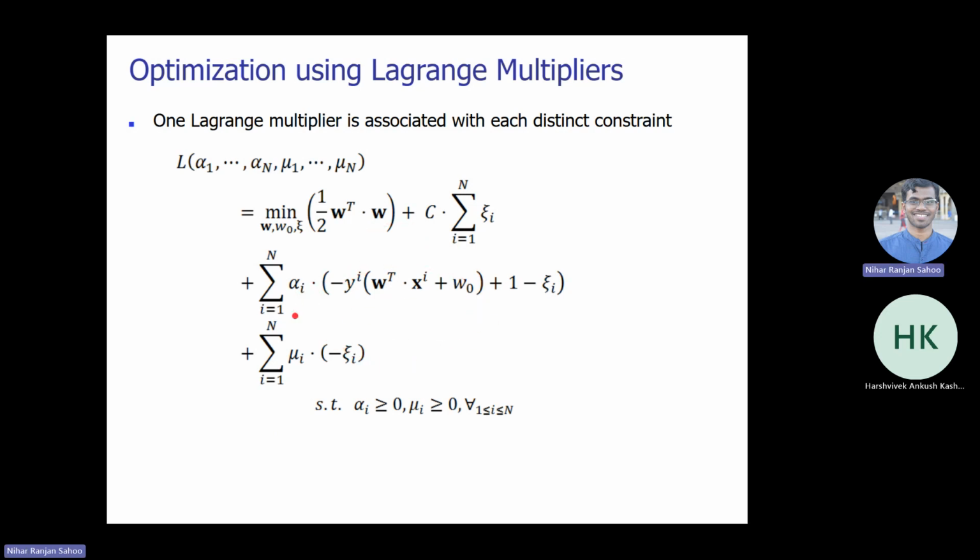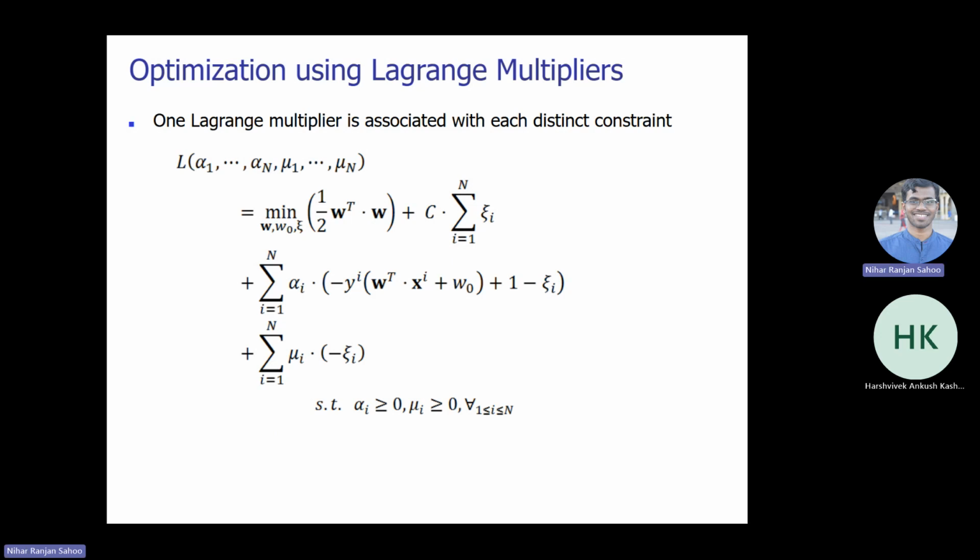So now this is our primal. The primal will be our original optimization, W transpose W by 2 plus summation of xi I, then plus lambda I into something plus beta I into something. So the lambda I, beta I are these things.